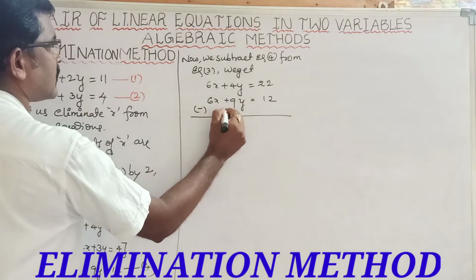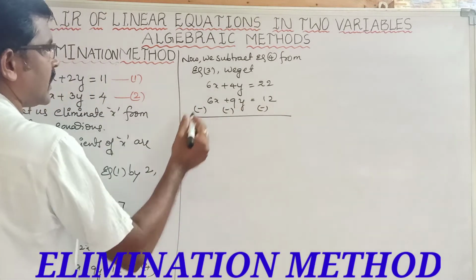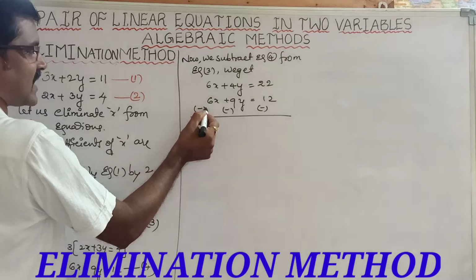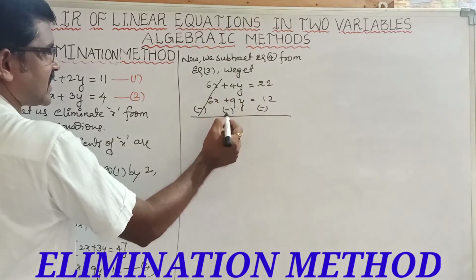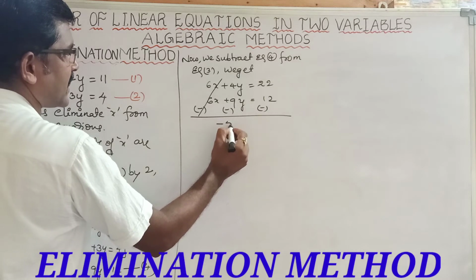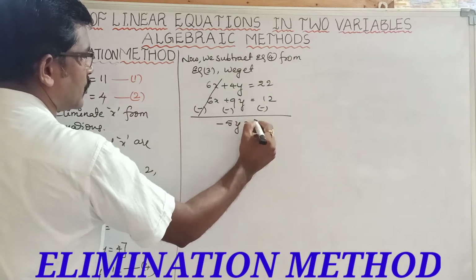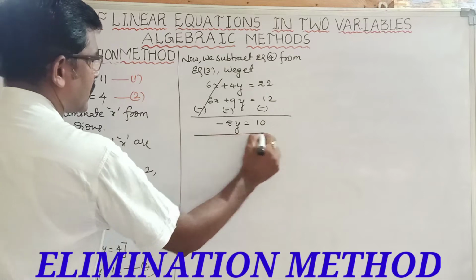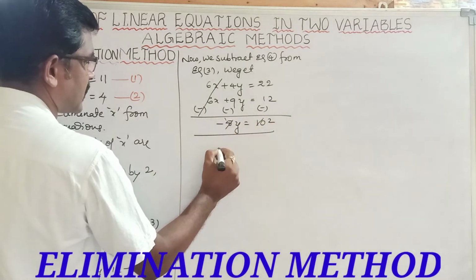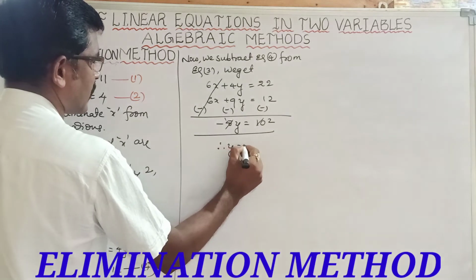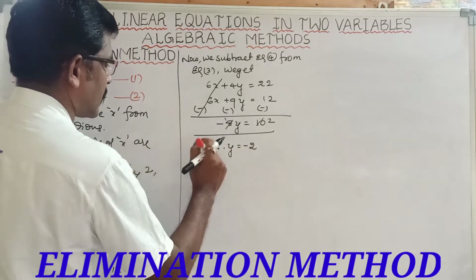So minus, minus, minus. Here plus 6x minus 6x will get cancelled. Plus 4 minus 9 is minus 5y is equal to 10. By cancellation, 5 ones are 5, 5 twos are 10. Therefore, y is equal to minus 2.